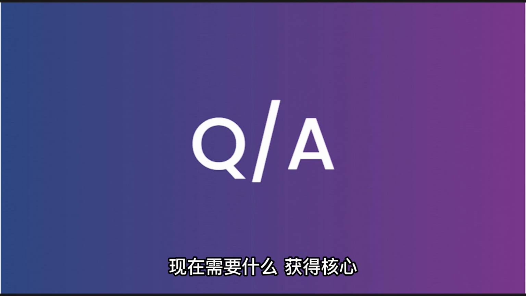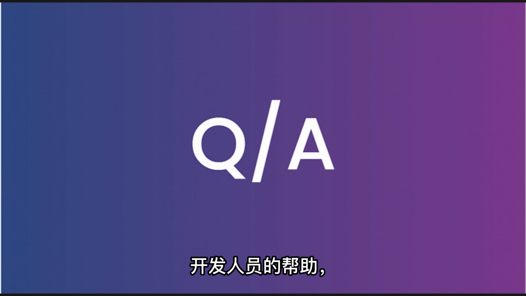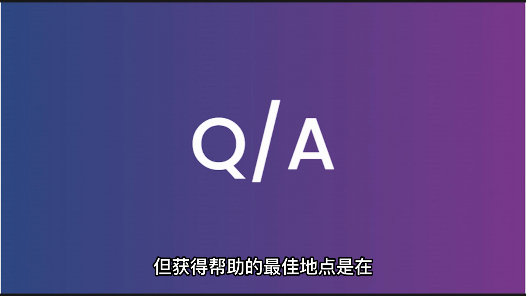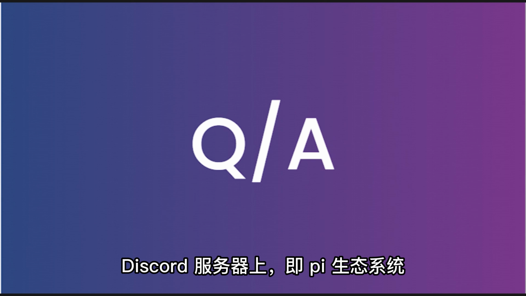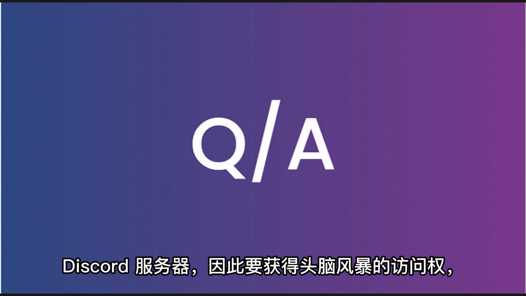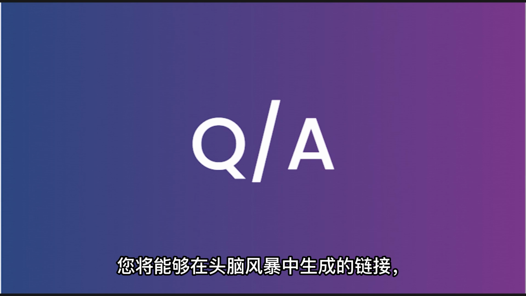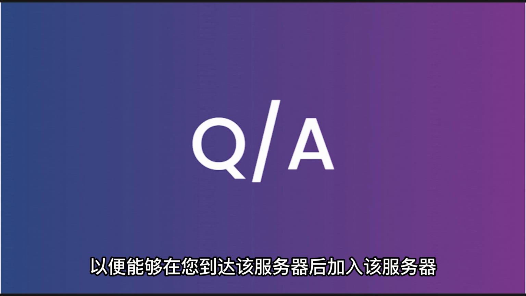Now, what is required to get help by core developers? I'm not sure what help you're asking for, but the best place to get help is on the Pi ecosystem Discord server. To get access to that, head into Brainstorm. There is a link that you'll be able to generate in Brainstorm to join that server.